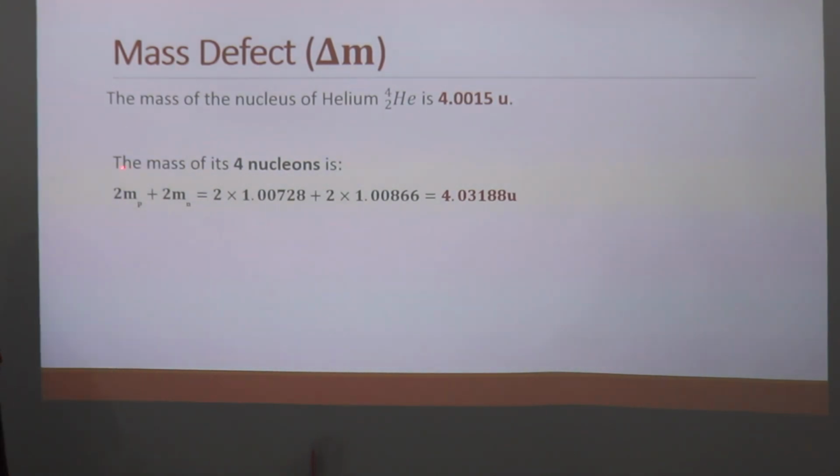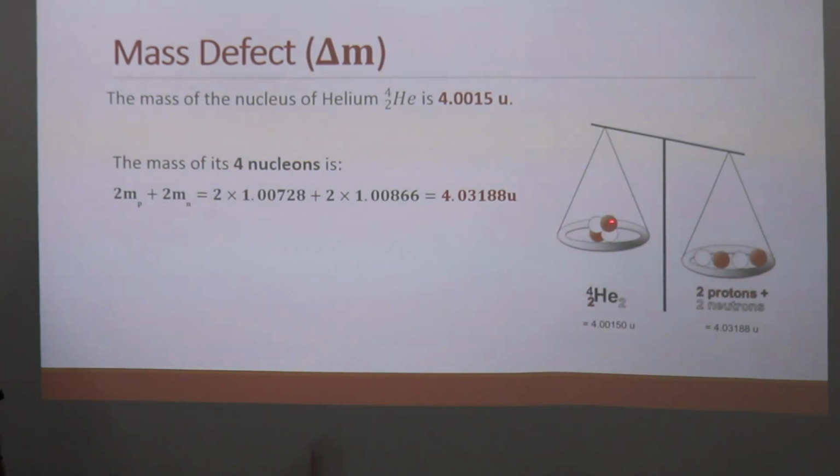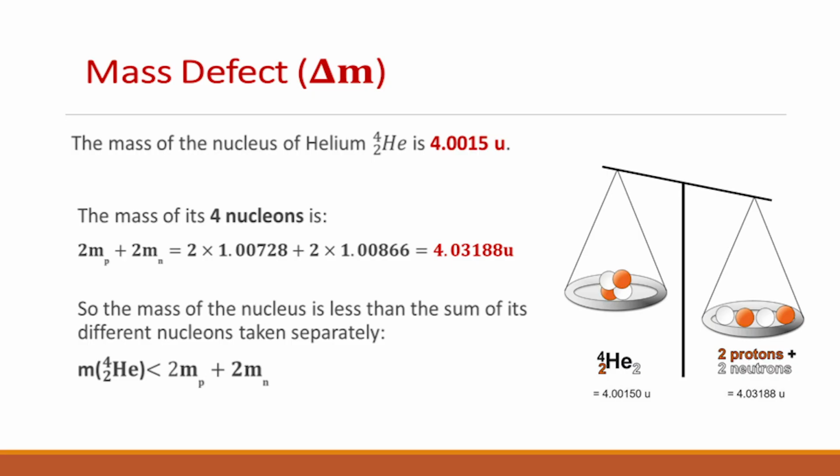But they noticed that the mass of its 4 nucleons, you know that helium is composed of 4 nucleons, 2 protons and 2 neutrons, the sum of their masses is equal to 4.03188 U, which is more than the mass of the nucleus of helium. So as you see in the picture, the mass of helium is less than that of its constituents. So there is a mass defect.